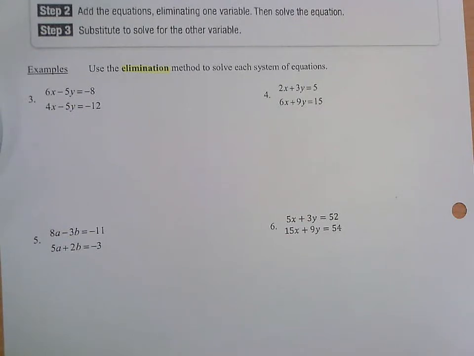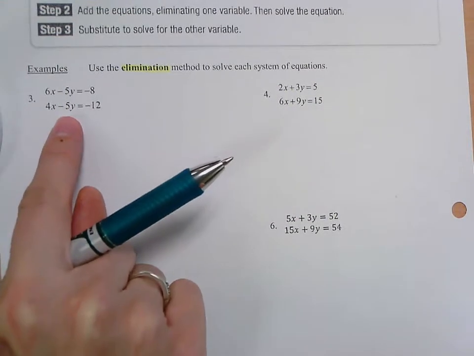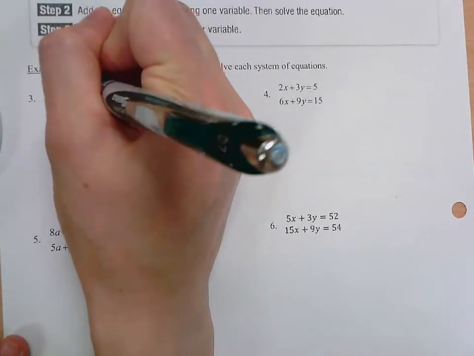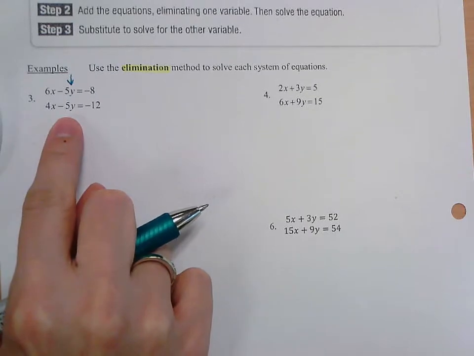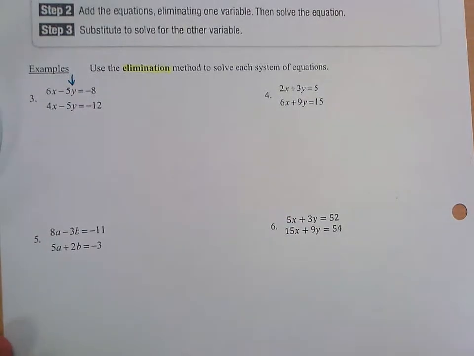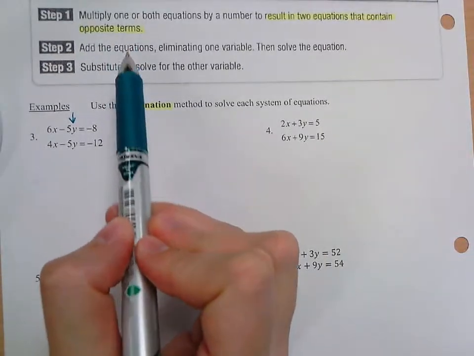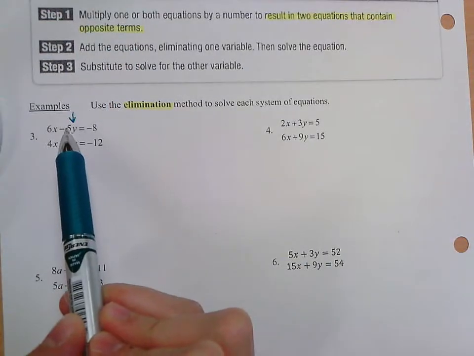I usually look for which variable is going to be the easiest to eliminate and contain the least amount of steps. So I would say in this one, if I look at the y's, both y's right now have a coefficient of -5. They're the same. I like to do what they suggest up here, and I like these to be opposites.